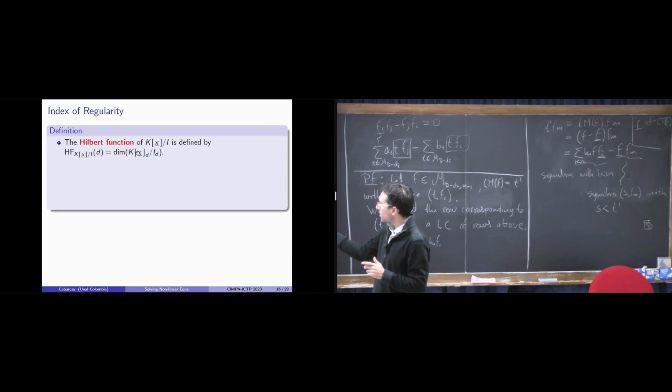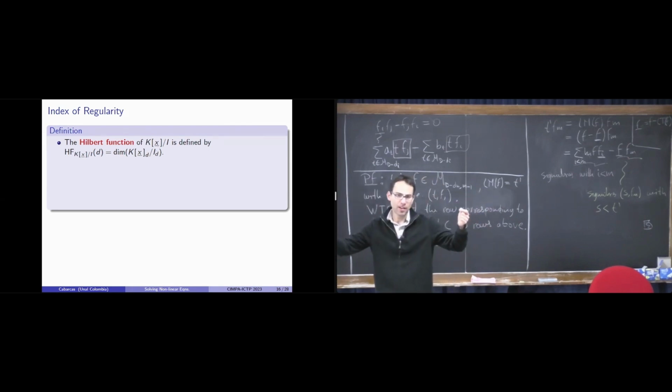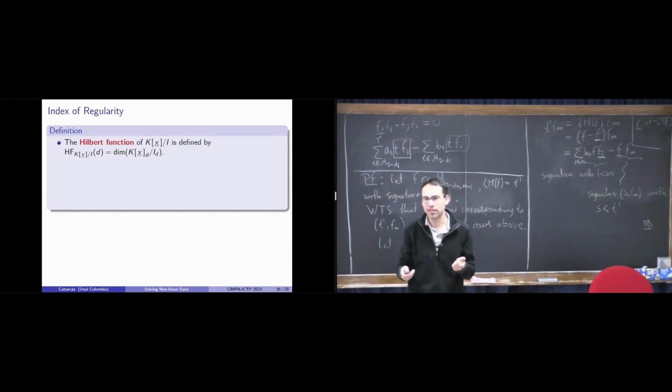If we want an intuition, the polynomial ring at degree D, its dimension is the number of monomials at that degree. That's the dimension of that degree, the number of different possible monomials.